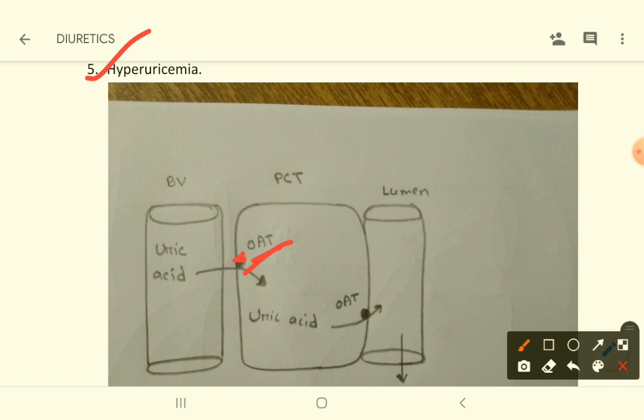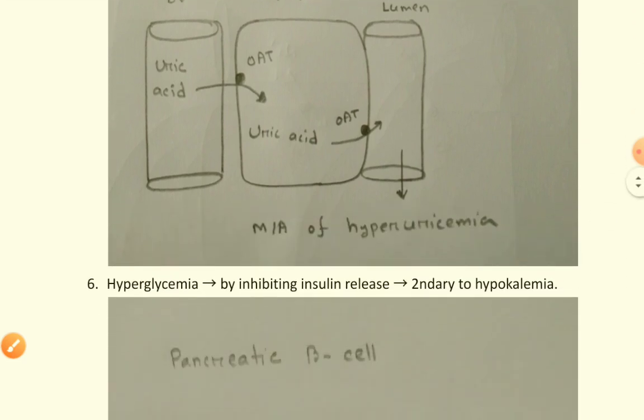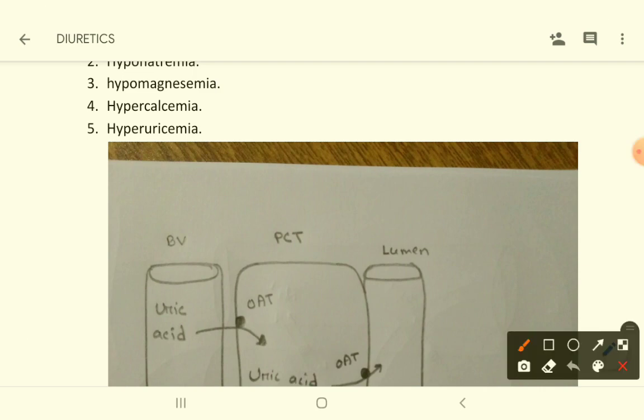So the thiazide diuretics inhibit these organic anion transporters, so the uric acid cannot be transported into the proximal convoluted tubule cells, and thereby cannot be transported into the lumen to get excreted. So the uric acid level will increase, and there will be hyperuricemia. And if you use these drugs for a prolonged period of time, that can lead to gout, right?